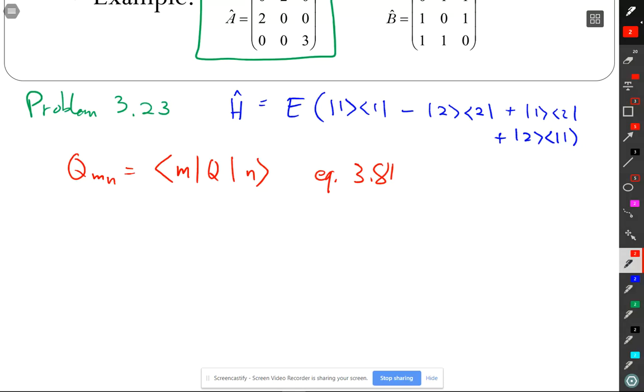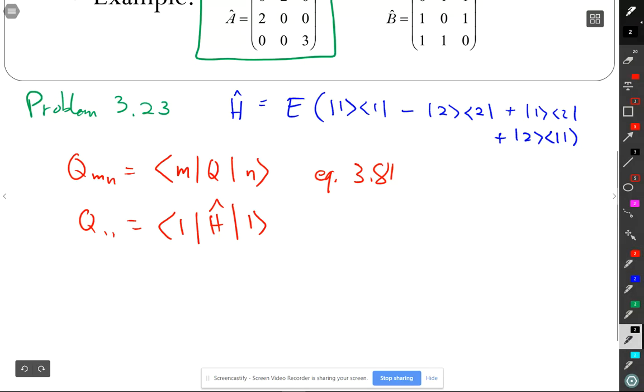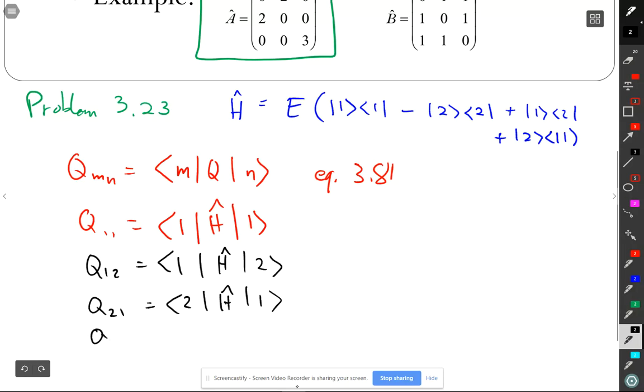And so all I have to do is say Q11 is equal to <1|H|1>, right? And likewise, Q12 is equal to <1|H|2>. Q21 is equal to <2|H|1>, and Q22.